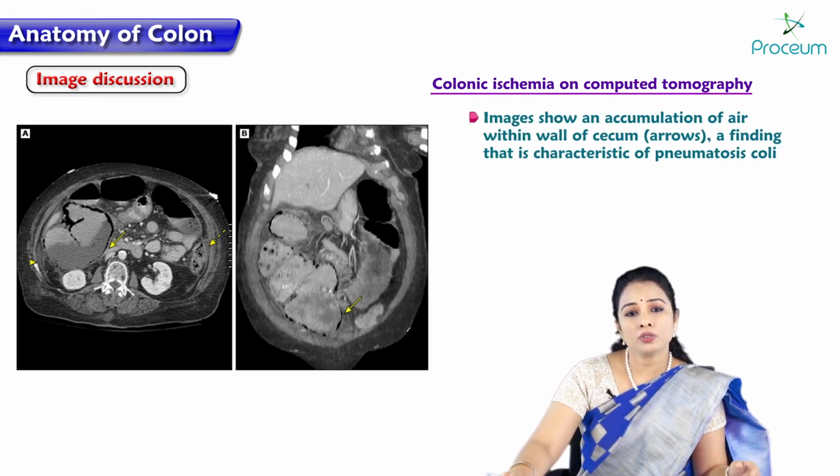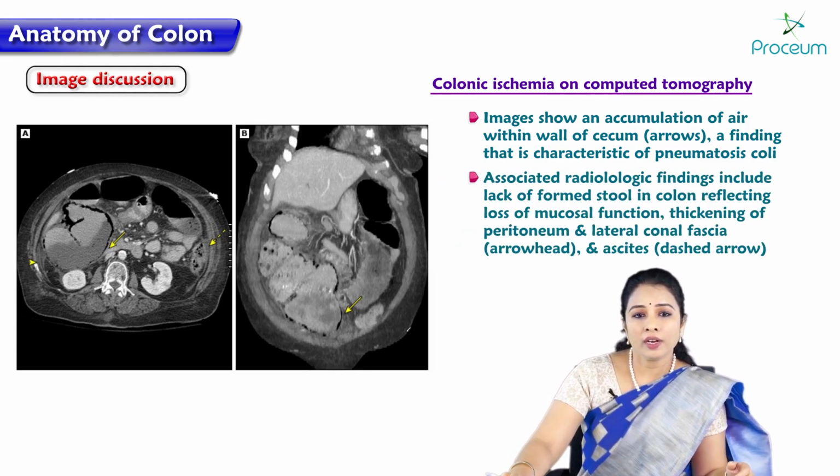The image shows an accumulation of air within the wall of the cecum, shown with arrows, and this is a finding that is characteristic of pneumatosis coli.